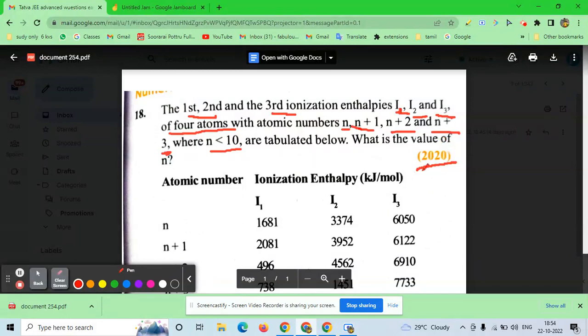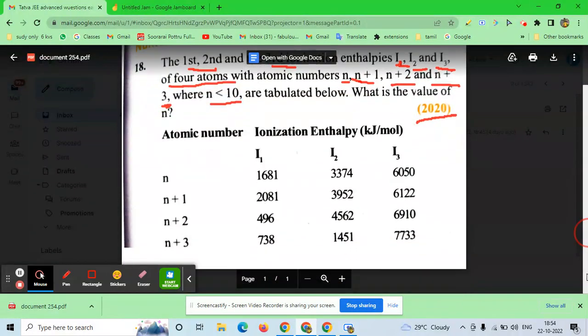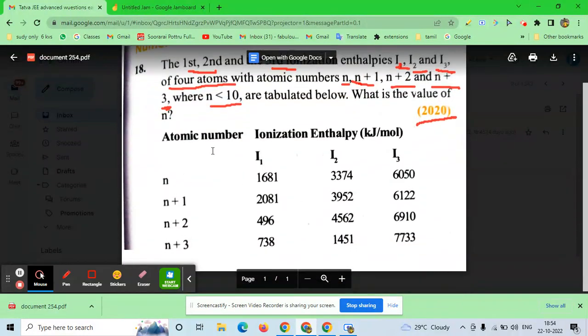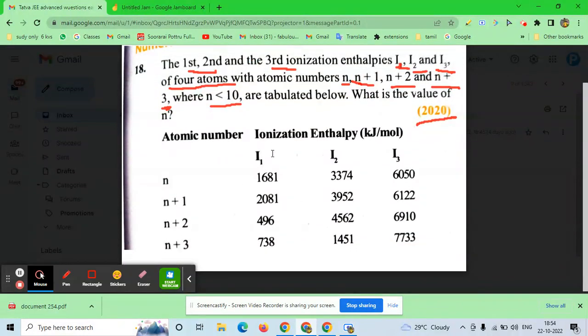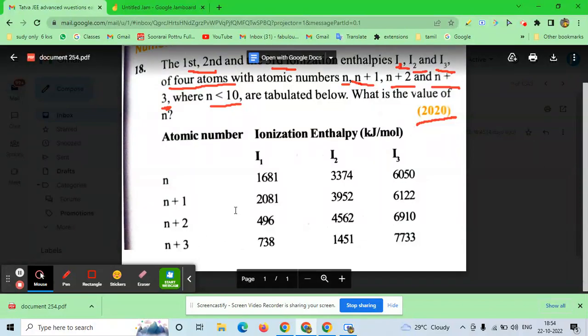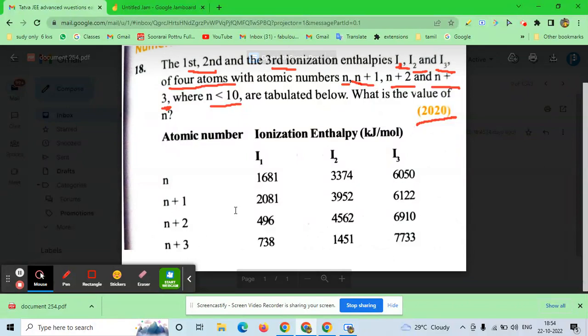That is the question. If we look at it, we are given the atomic number and the ionization enthalpy in kilojoule per mole. So carefully observe this table.